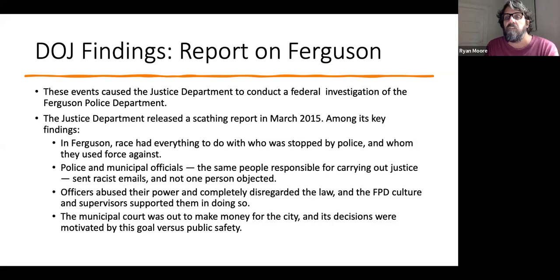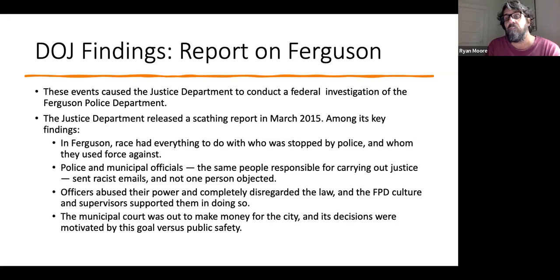So these are petty crimes, but there's this financial incentive behind them, because the municipal courts and the municipal governments are basically trying to make money for the city. And people end up getting caught in a cycle of debt, where they can't pay their tickets, and so then they are back in the system, and they have to spend time in jail.